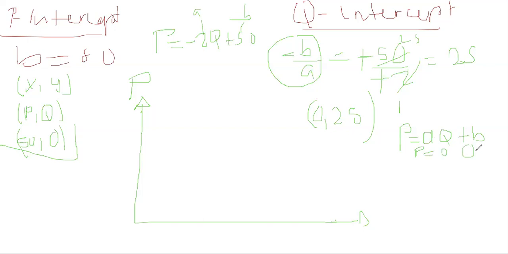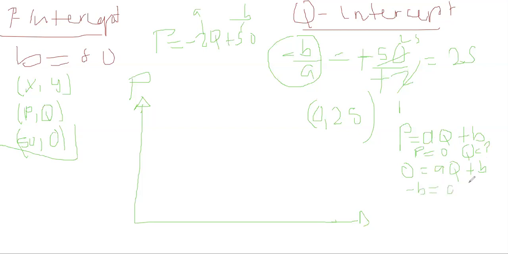That's the meaning of the q-intercept. So we substitute 0 here. p is 0, equals a times q plus b. Remember we are finding q, the q-intercept, so p is equal to 0. So plus b will move over here. That's how the minus b came about.